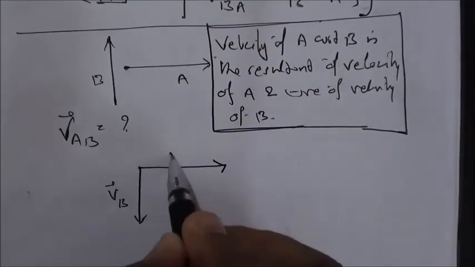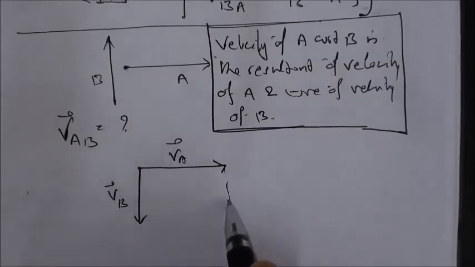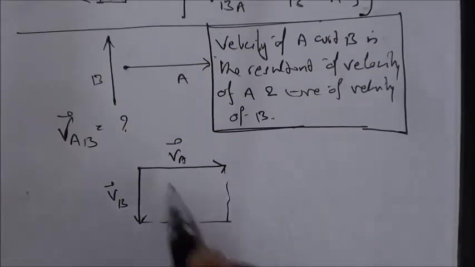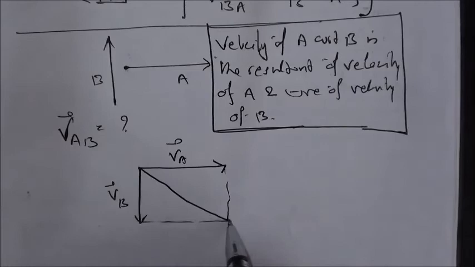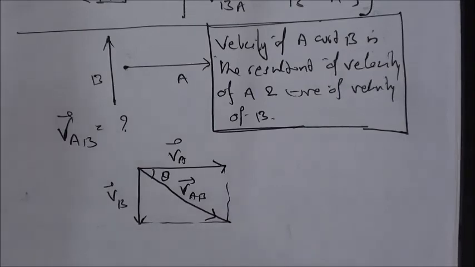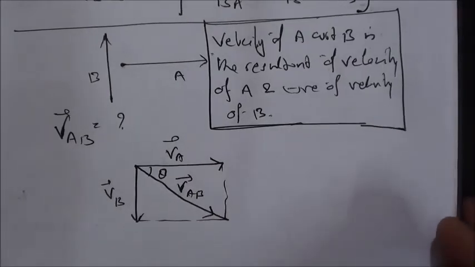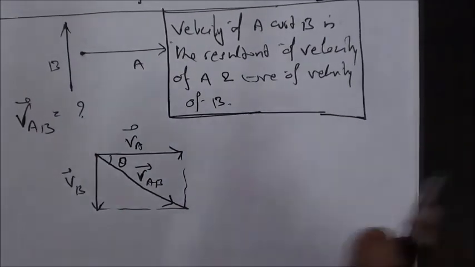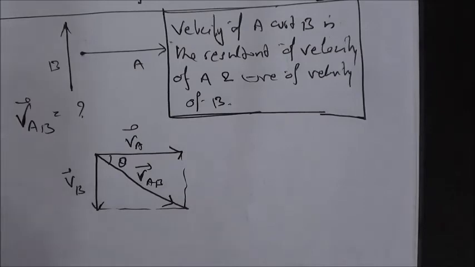VB, VA, and then use the vector law. This is the velocity of A with respect to B. You can find the angle and that's it. So this is how we can find the velocity of any object with respect to another one.